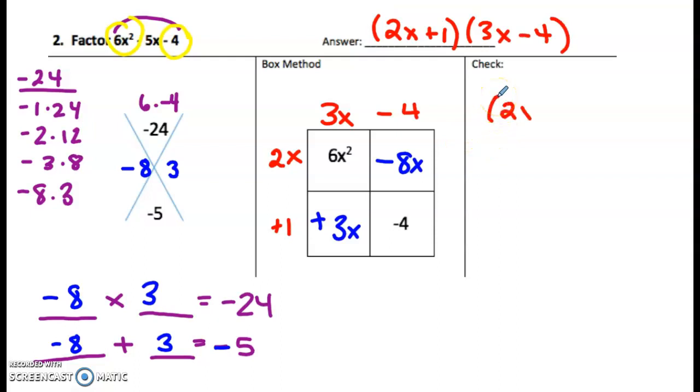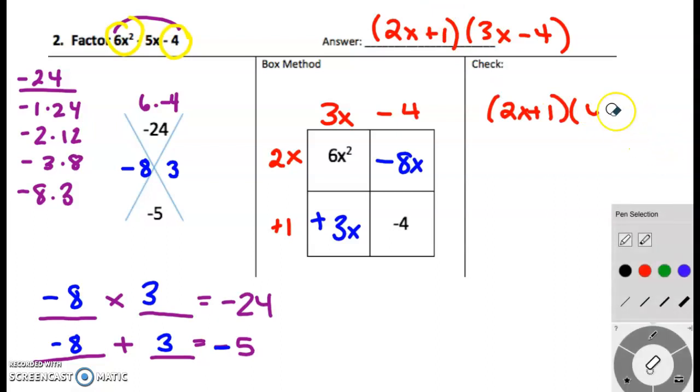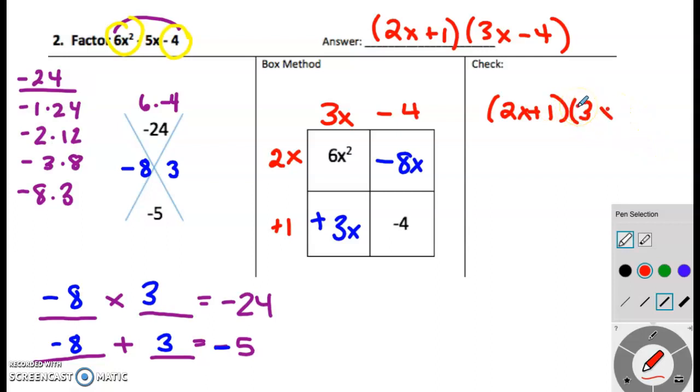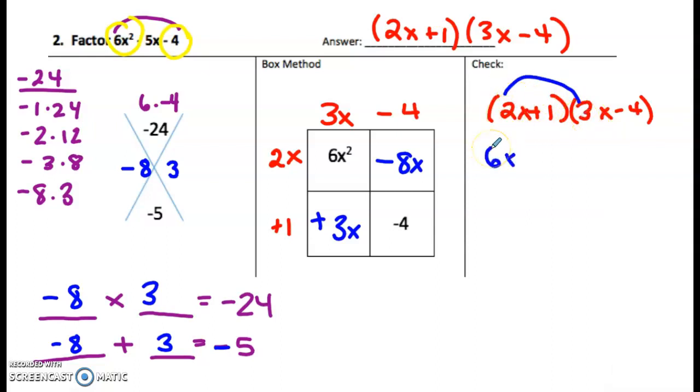When I check this, I'm going to go ahead and write out FOIL this time. All right. So when I FOIL, we draw out our little arrows. So 2x times 3x is 6x squared. That's good. Then I would have a 2x times a negative 4, which gives me negative 8x.